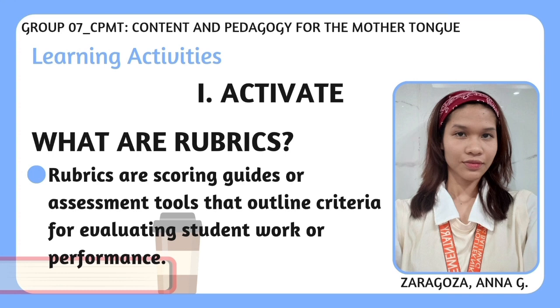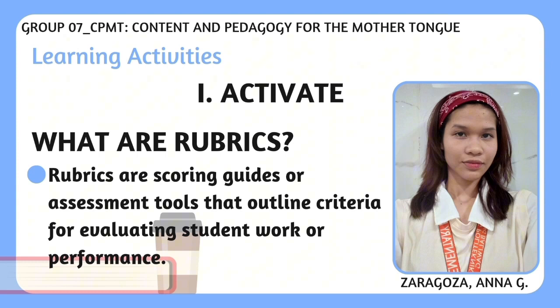Before we move on to the next topic, let us define what rubrics are. Rubrics are scoring guides or assessment tools that outline criteria for evaluating learners' work or performance. They define the expectations for quality and proficiency in a particular task or skill by breaking it down into specific components or dimensions.